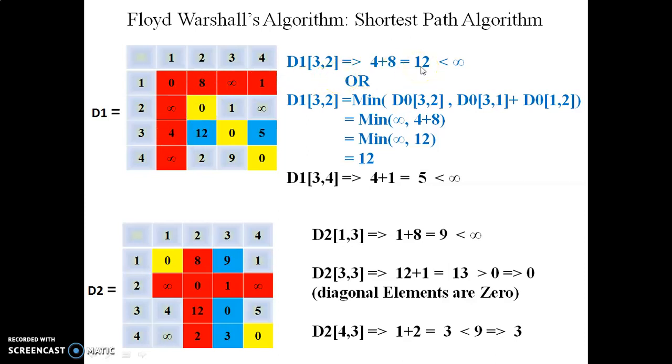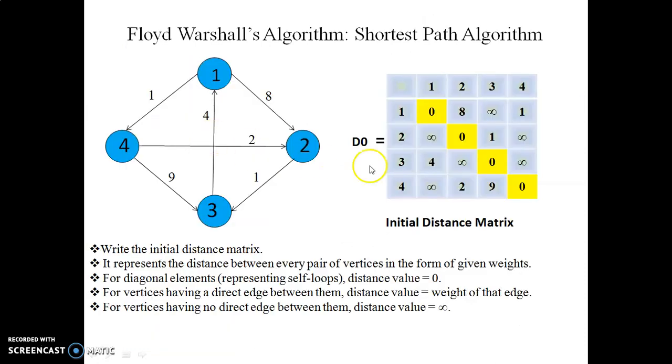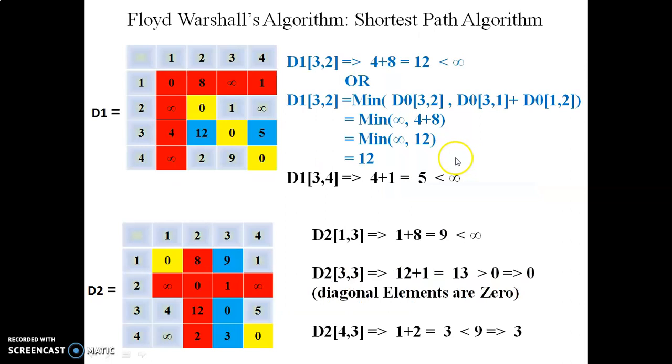We are adding 4 and 8, getting 12, and comparing this value with the value of this particular index in the initial distance matrix. In the initial distance matrix, 3, 2 is infinity. So we compare with infinity, and obviously 12 is less than infinity, so we write the lesser value over here. This is one way to obtain this D1 of 3, 2 value.